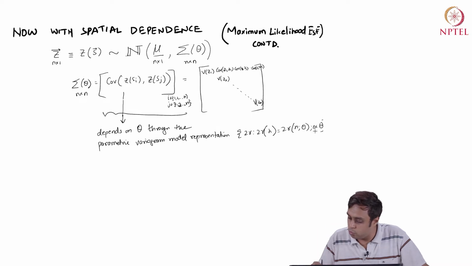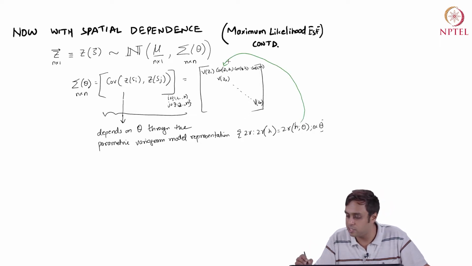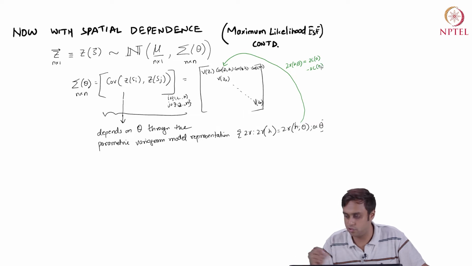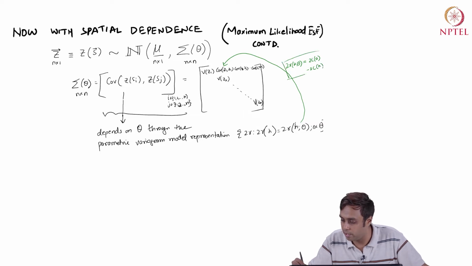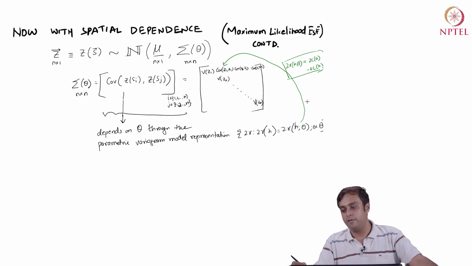Now, this 2 gamma h theta will provide me a representation for the covariance structure through the fact that 2 gamma h theta will be equal to 2 C 0 minus 2 C h, right. This is a theoretical relationship that we have studied earlier, right.